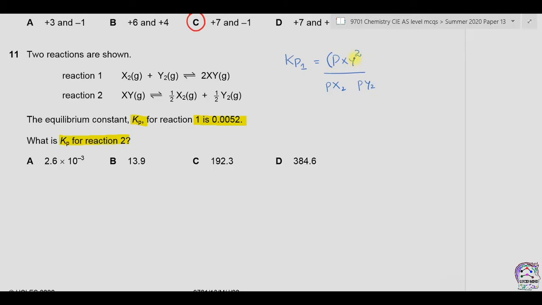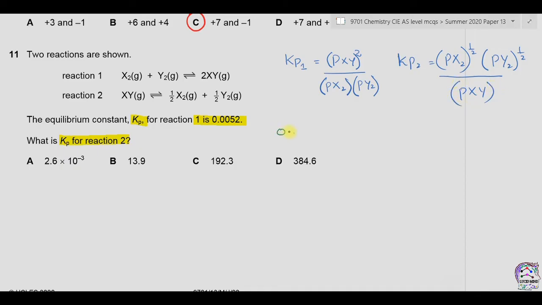We can write it in the form of brackets. For Kp2 we can write Kp2 is equal to the second equation. We have pressure of x2 raised to the power its number of moles multiplied by pressure of y2 raised to the power its number of moles divided by pressure of xy, and the power is 1.